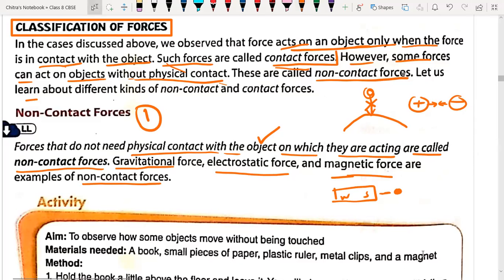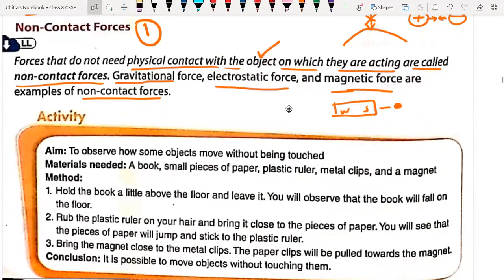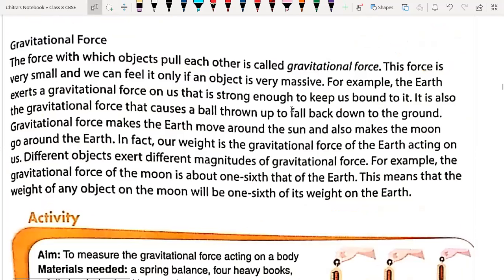Now we are going to discuss the next important topic, the gravitational force, the first type of non-contact force. The force with which objects pull each other, or with which an object gets pulled toward the earth, is called gravitational force.